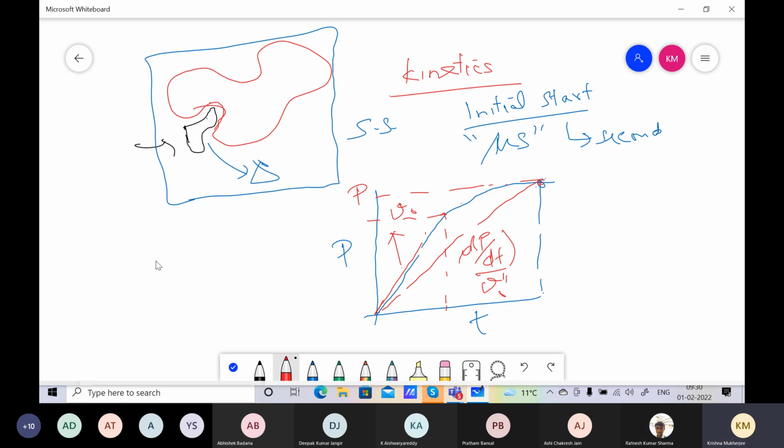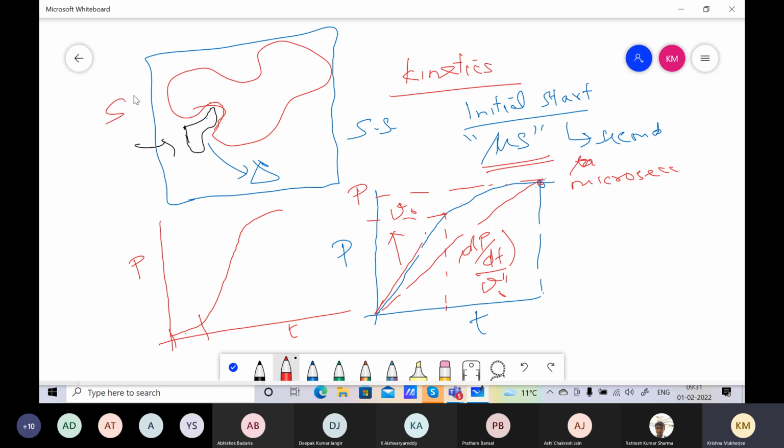Yes, sir. But now let me tell you the true picture, which is that the P versus T plot actually goes like this. This part is very, very small. I have exaggerated it. This is in microseconds. This is the time that it takes for this steady state to be reached.